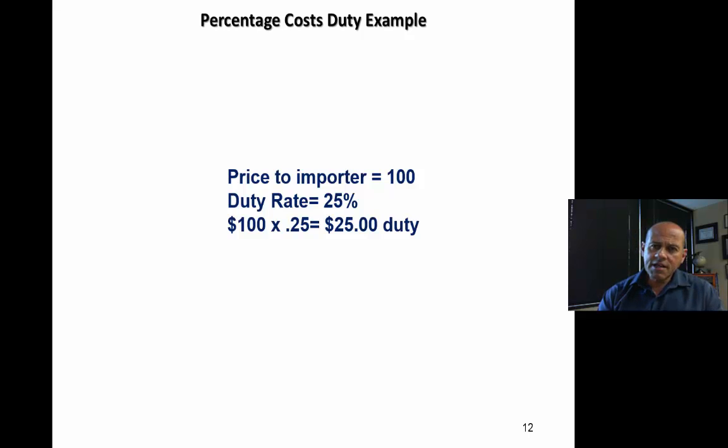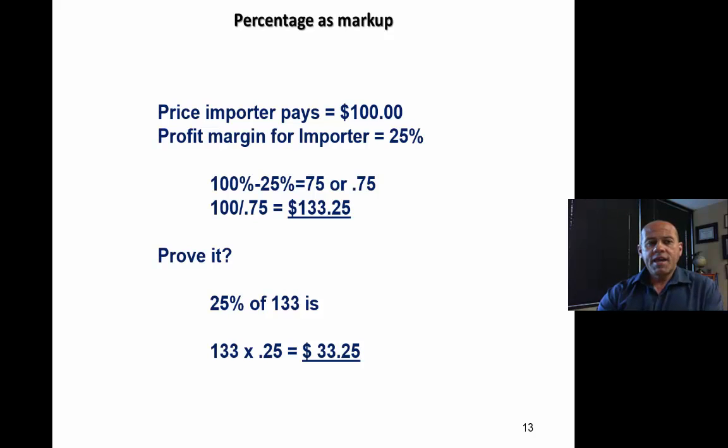But now, here's where the trick comes. When you start calculating markup, that's different than calculating duty. The reason is, duty rates are based on an assessment against a selling price. Whereas when you're creating a markup, you're working from cost rather than a finished price. So a percentage markup, and this takes a little bit of practice, so if you're not familiar with this, it would be good to go back to this part of the video to look at the calculation and practice it a little.